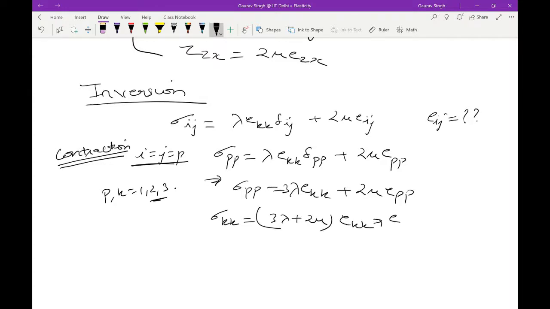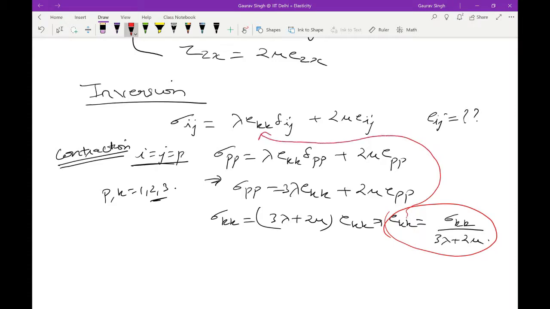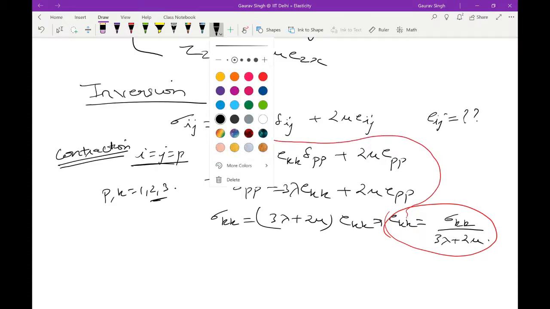This implies e_kk is equal to sigma kk by (3 lambda plus 2 mu). Okay, now what we want to do is substitute this e_kk over here. Let's see what we get.